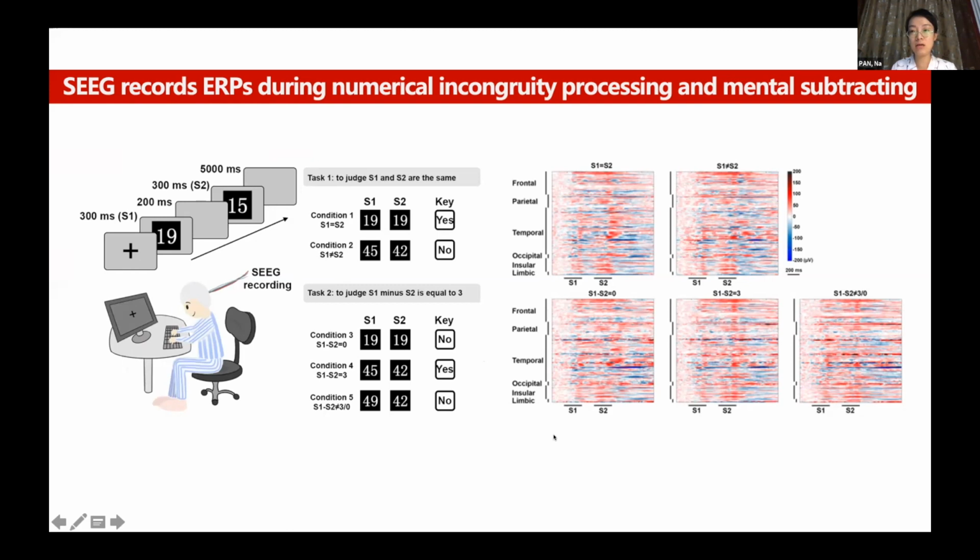For the SEEG, we screened, excluding the epileptic firing recording sites. We screened out a total of 348 recording sites distributed in the 5 cortical lobes and the limbic region, and the SEEG amplitude is displayed as a heat map for the 5 conditions.